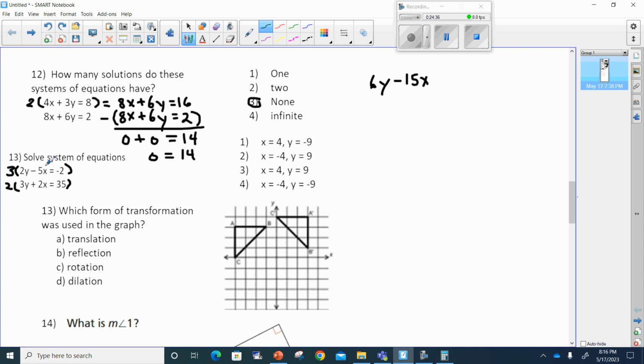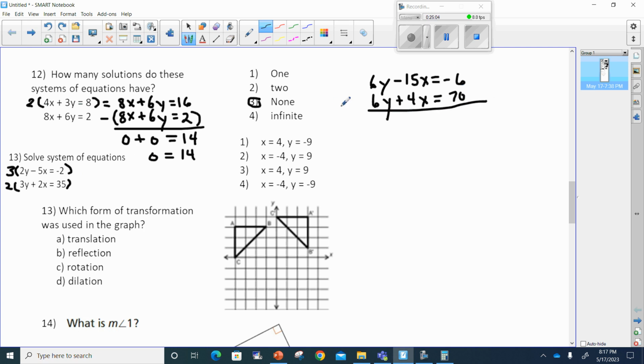And 3 times negative 2 will be negative 6. All right, over here, 2 times 3y will be 6y. 2 times 2x, that's going to be 4x. And 2 times 35, that's going to be 70.